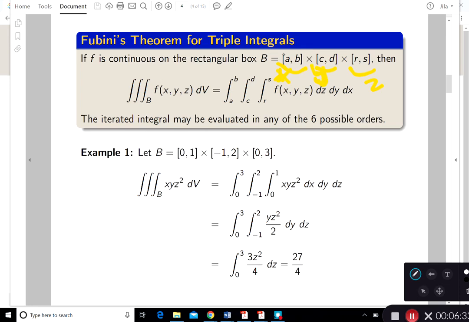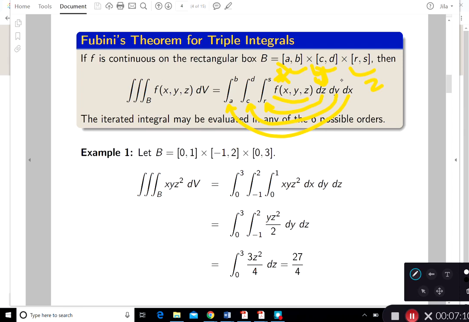then the triple integral over the region B, which is this box, of f of x, y, and z is going to be equal to the triple iterated integral of f of x, y, and z, where each variable is going to be correlated with the integral and the bounds as it is.